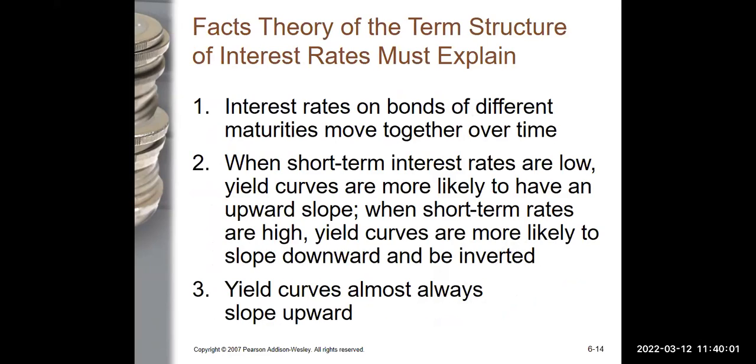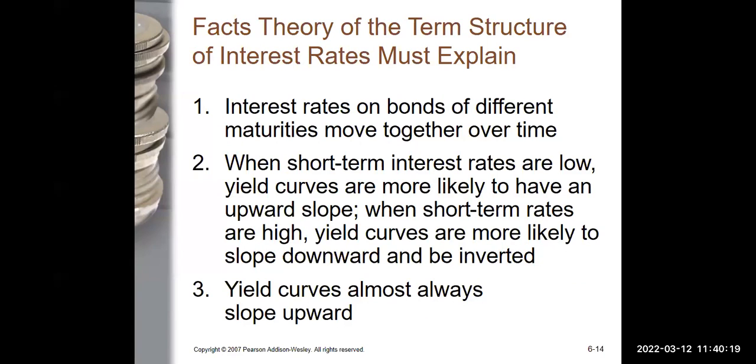Now, there are three facts which give different shapes to these yield curves. The theory of the term structure of interest rates must explain why interest rates on bonds of different maturities move together over time.